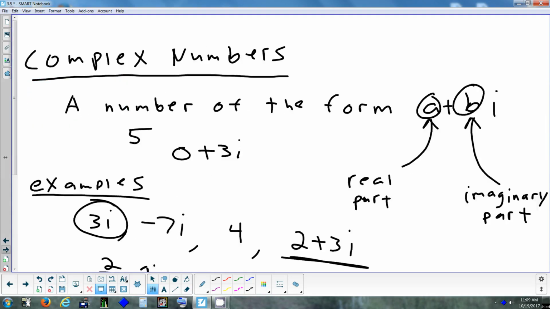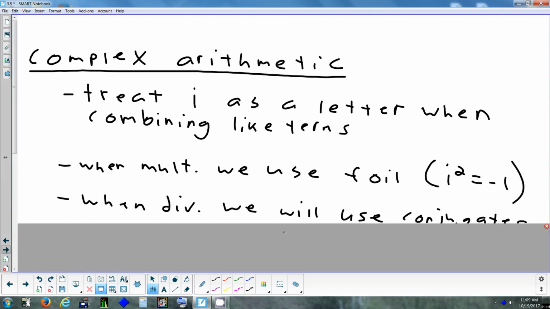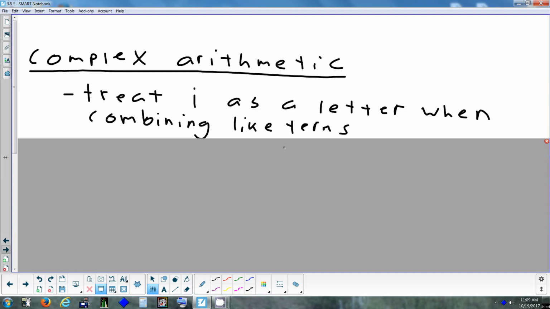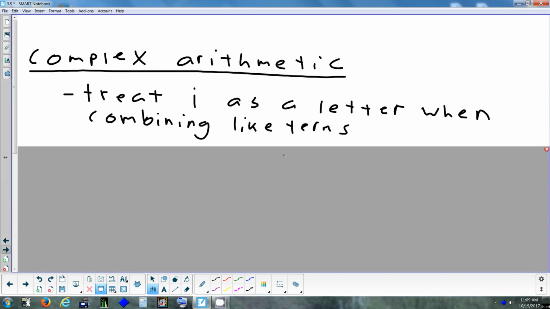Back to the beginning. All right. So when we do arithmetic with complex numbers, I'm going to give you just a few general guidelines. You can think of an i as a letter. So if you had a problem like 2x plus 3x, what's 2x plus 3x? 5x.